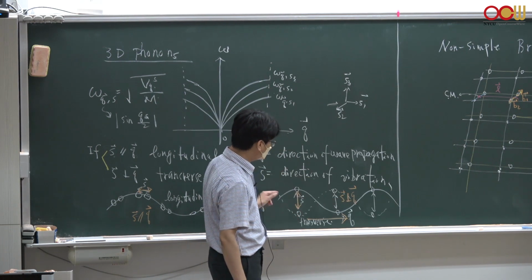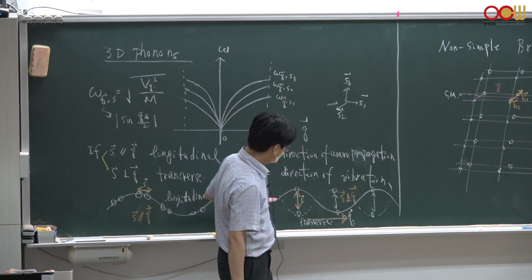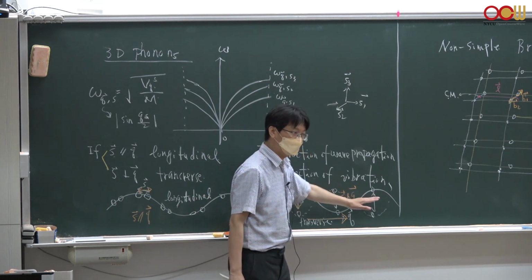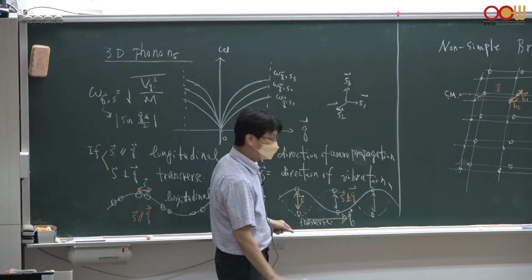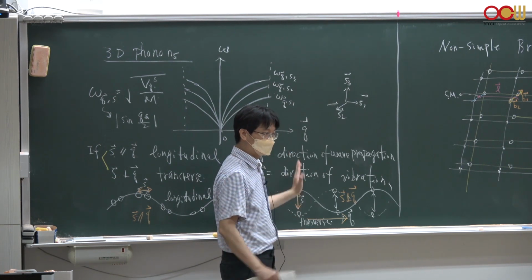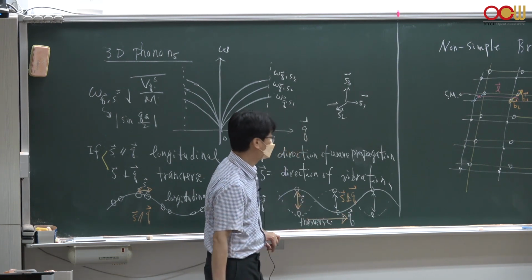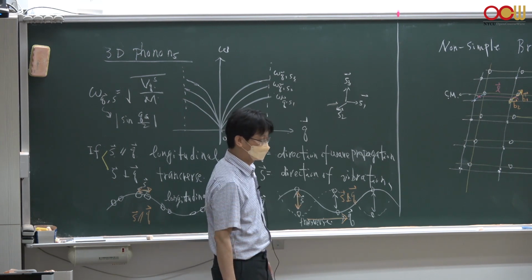So you can see that the propagation of the wave or the phonon mode is along the horizontal line, whereas the atoms move up and down along the transverse direction, perpendicular to the wave propagation direction. So this is called the transverse phonon.